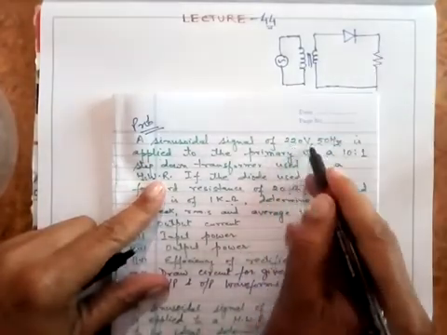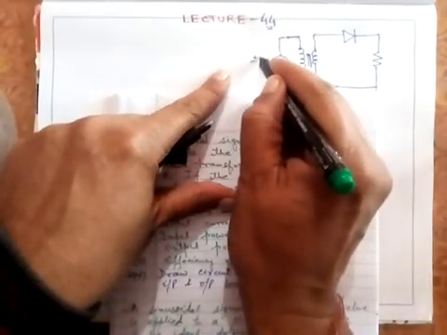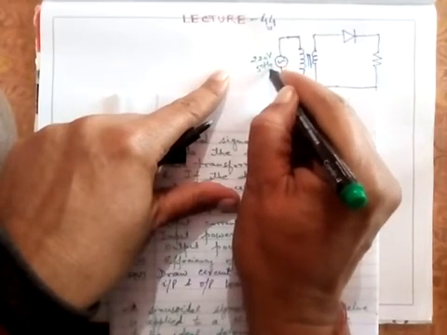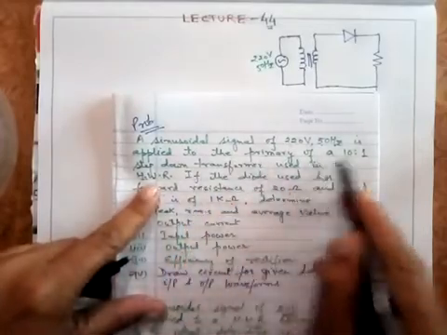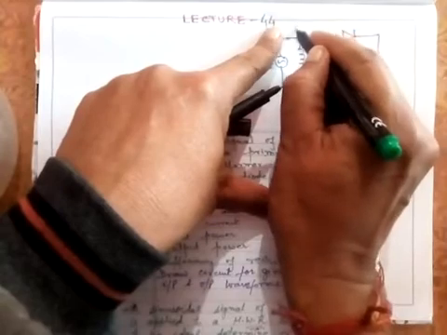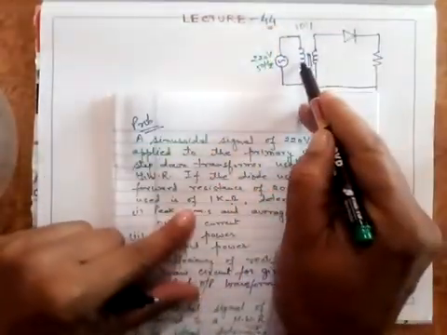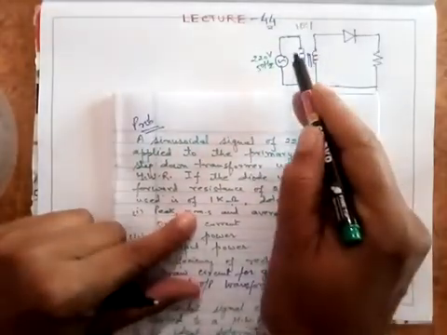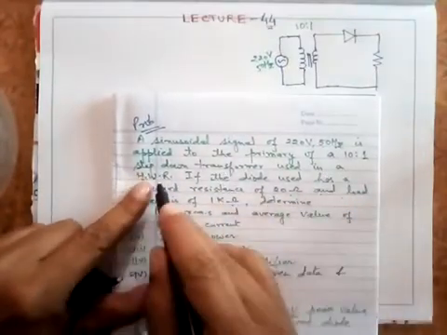The signal applied here is 220 volt and 50 hertz, in the primary of a 10:1 transformer, meaning the turns ratio is 10:1. If there are 10 turns here, there is 1 turn here. If there are 100 turns, then 10 here. 1000, 100. So the ratio is 10:1, a step down transformer used in a half wave rectifier.